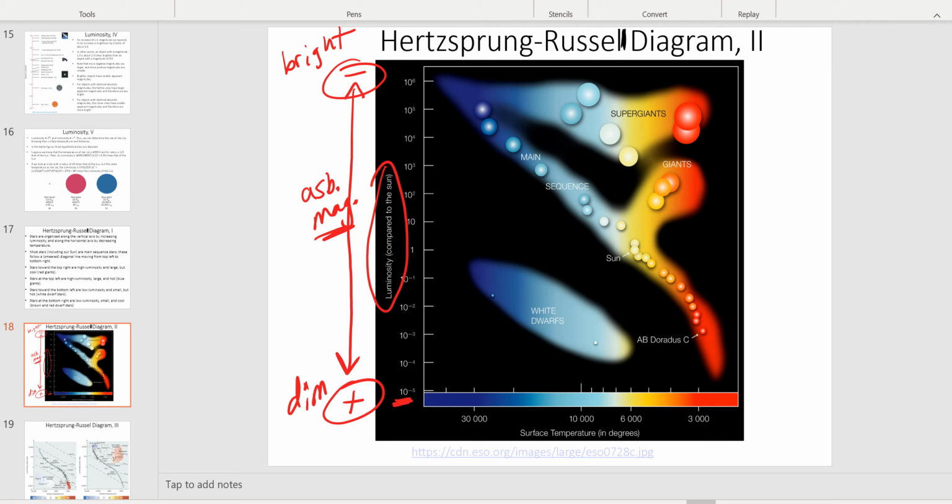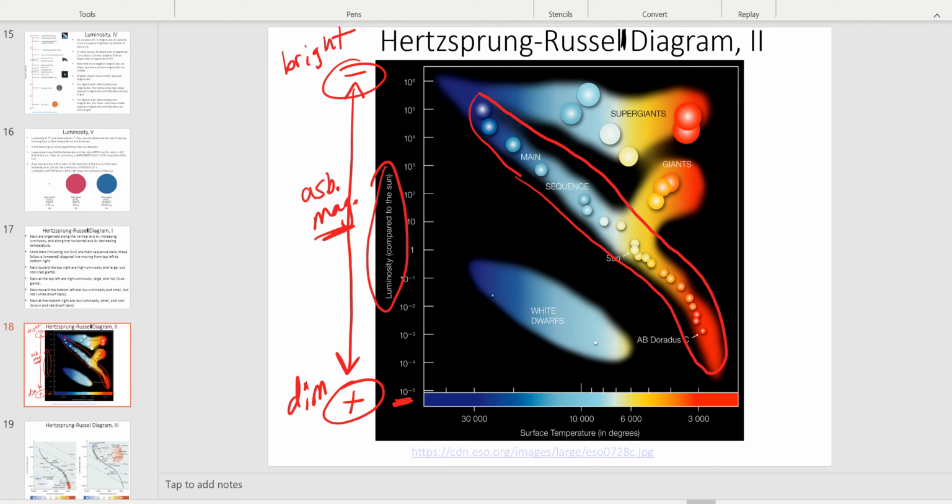Let's talk about the different kinds of stars that are on this diagram. The first thing I want to mention is that the typical run-of-the-mill stars that are in their normal lives, middle-aged stars, are in what's called the main sequence. These are your standard stars that are in what we call hydrostatic equilibrium.